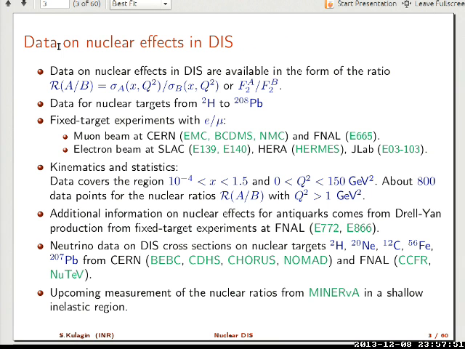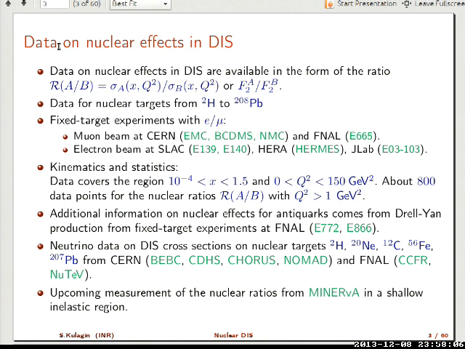There is data from fixed target experiments of different energy performed at CERN, Fermilab, SLAC, and DESY, and recently at JLab.